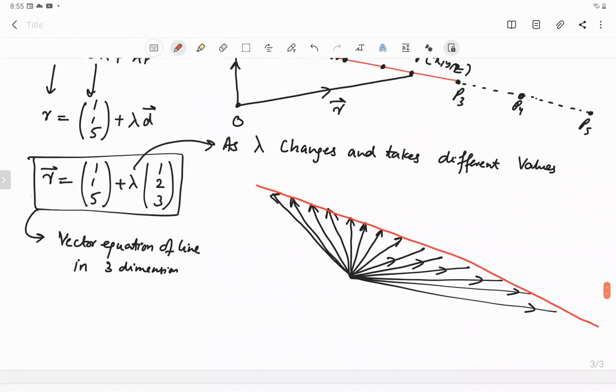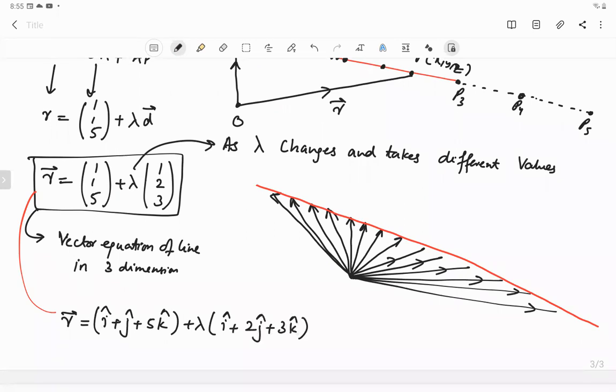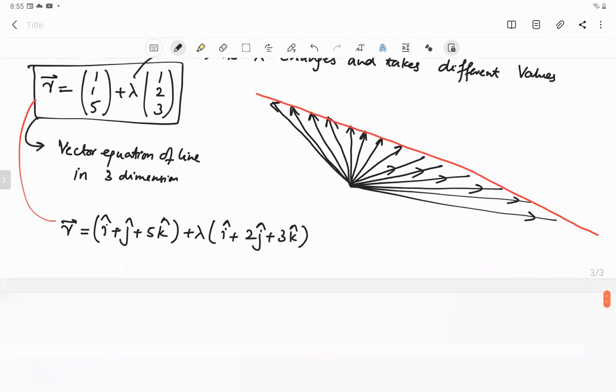Now there are various ways in which we can show this line. We can write it like this.